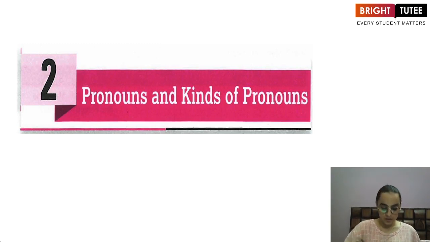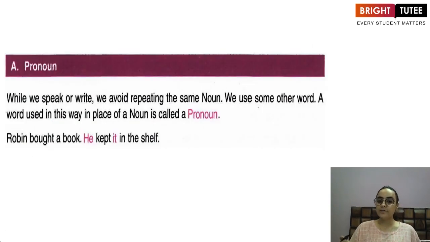Now, first of all, when we talk about the pronouns, as I have told you, in order to avoid repeating the same noun again and again, we use a pronoun in its place. For example, Robin bought a book.